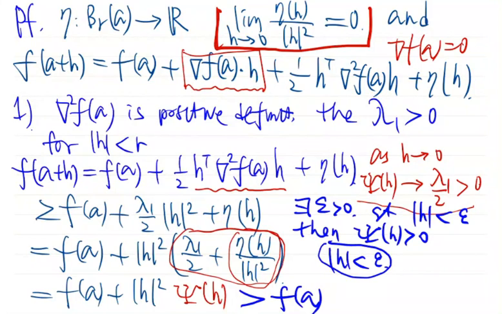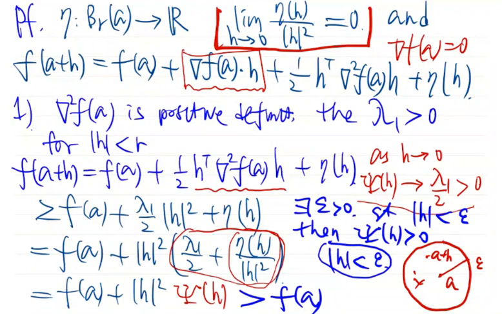Here A+h represents all the points in the epsilon neighborhood of A. So this is equivalent to saying that for any x in the epsilon neighborhood of A, we have an h whose norm is less than epsilon, such that x is A+h, and f(x), that is f(A+h), is greater than f(A).